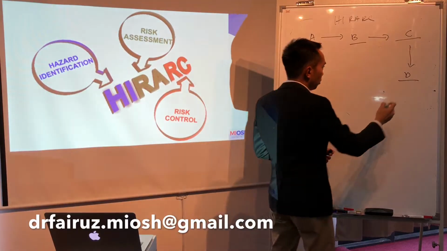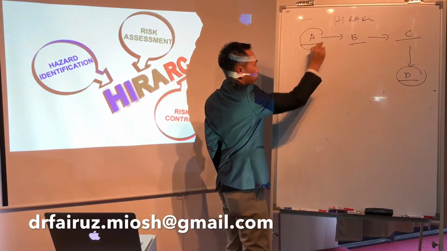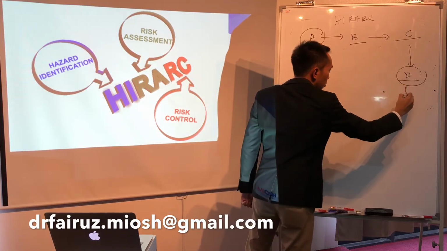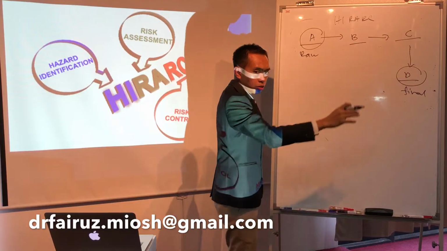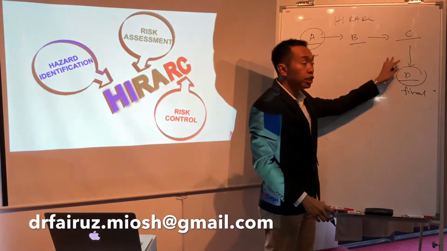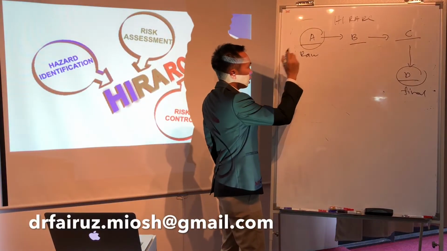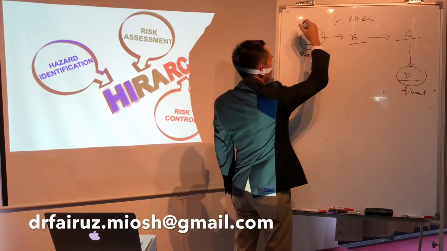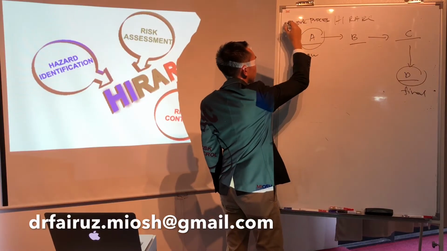Final product, warehouse and so forth. From the raw material until your final product. So this is an example of a work process where you need to identify each work unit. This is the first step.